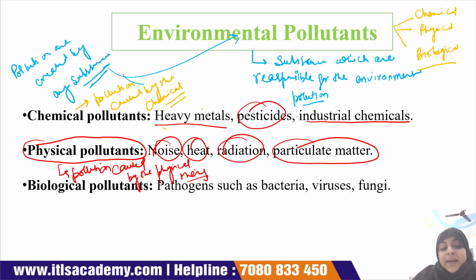They cannot be seen by our naked eye, but we can feel them. Noise, we can feel it. Heat, we can feel it. Radiation, we can feel it. Particulate matter, we can feel it. So they are called physical pollutants.